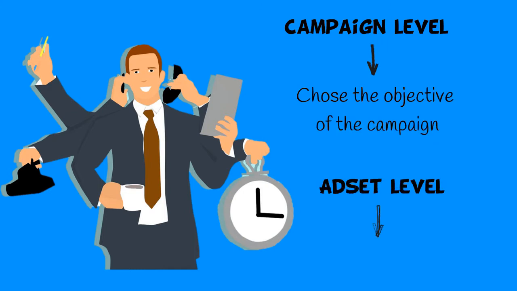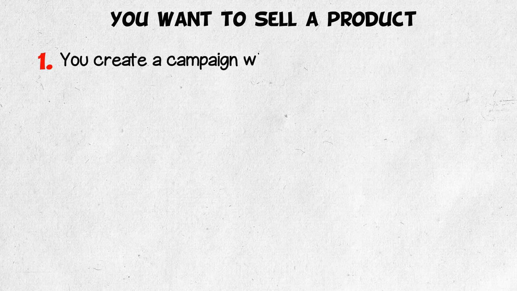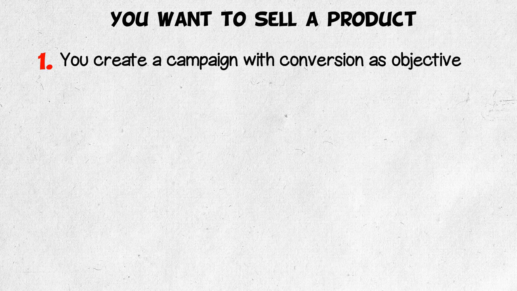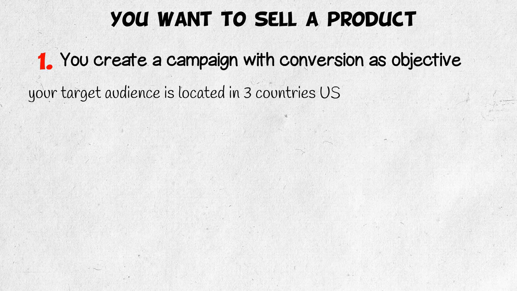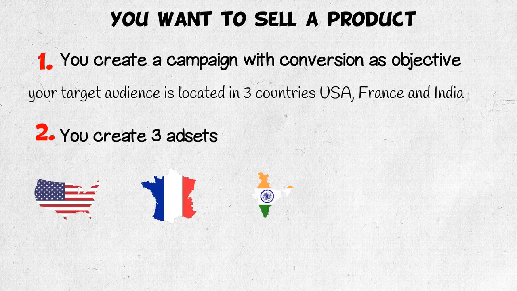assigned the budget for each ad set. Let's say you want to sell a product, so you create a campaign with conversion as objective. Your target audience is located in 3 countries: USA, France, and India. So you create 3 ad sets, the first one to target the USA, the second one to target France, and the third one to target India.